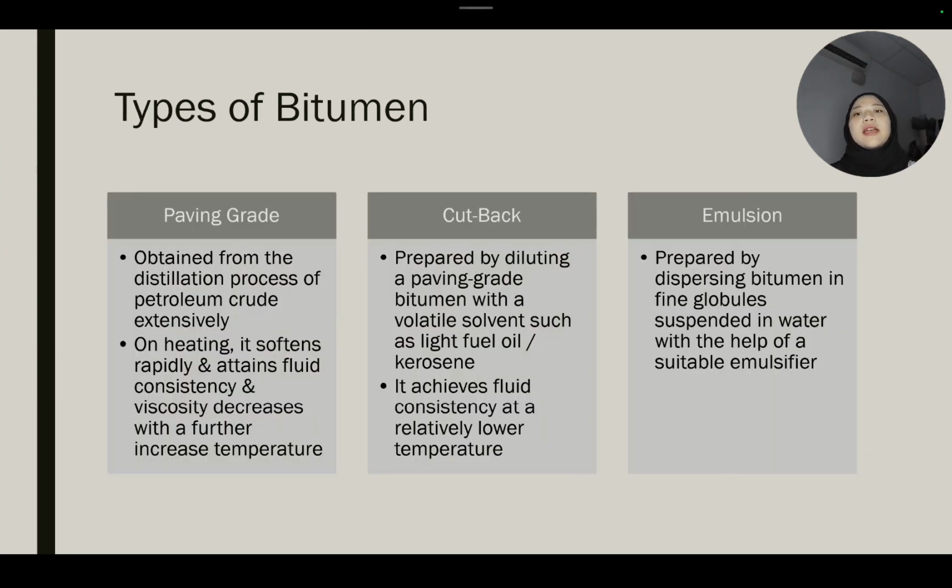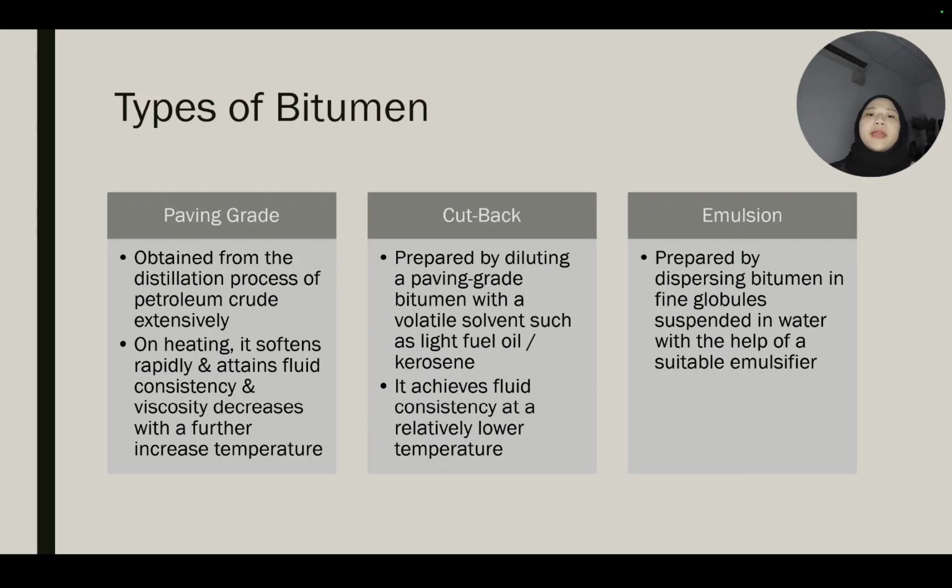There are three types of bitumen: paving grade, cutback, and emulsion. Paving grade is obtained from the distillation process of petroleum crude extensively.